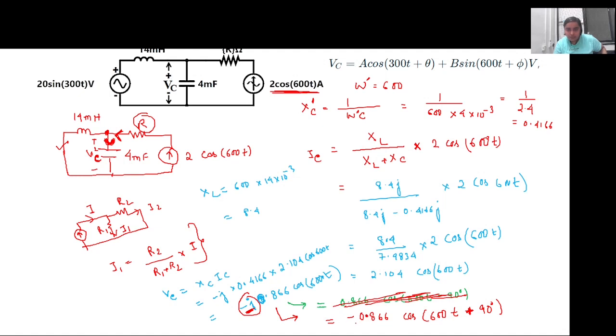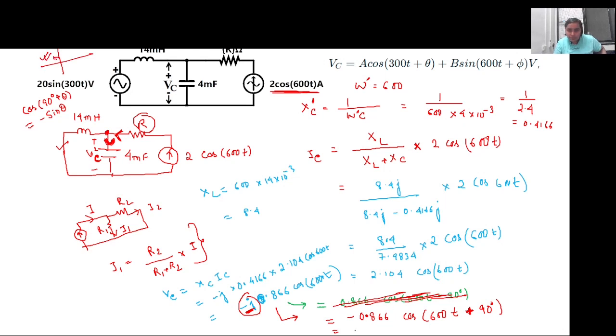Yes, ma'am. Okay. So now cos of 90 degree plus theta, what is it equal to? Minus sine theta, because cos is negative in the second quadrant, 90 plus some theta.